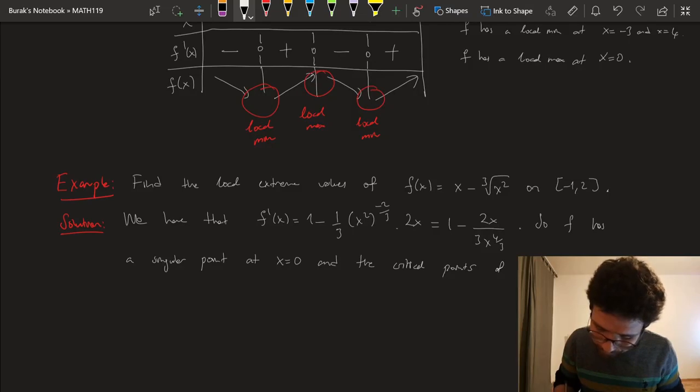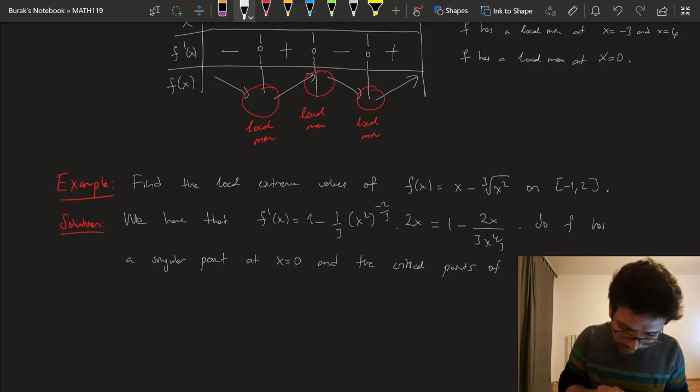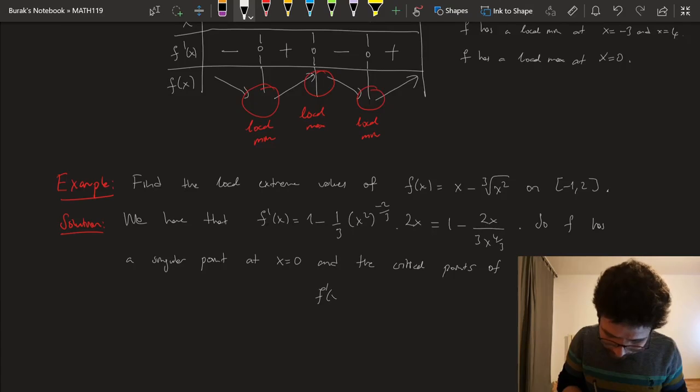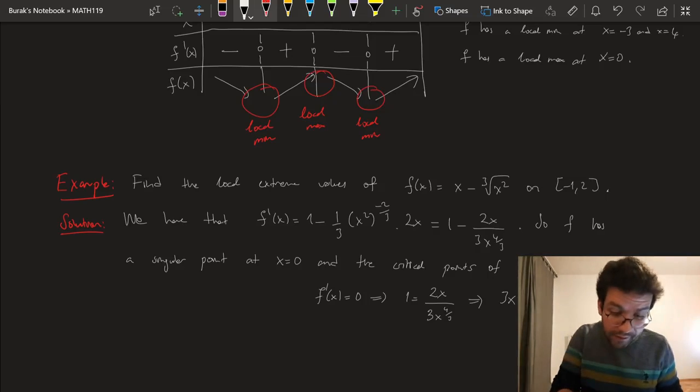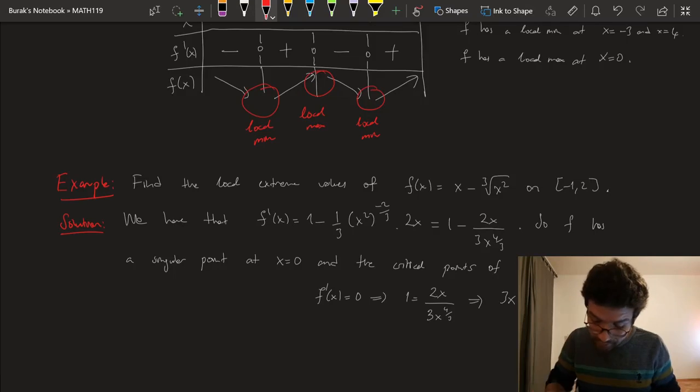Okay, so we have a singular point at 0, and the critical points of f are, let's say, if you set this to 0, you're going to get 1 equals 2x divided by 3x to the power 4/3, and then you can multiply both sides by this, which is fine. And because 0 is a singular point, I already know that I can't plug in 0, so I can cancel these because these are non-zero.